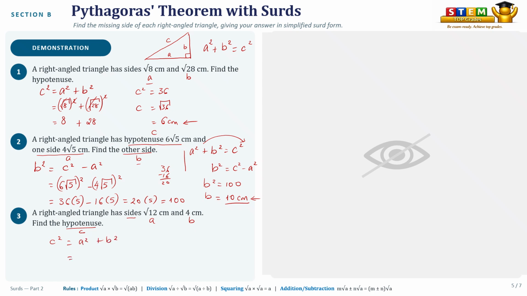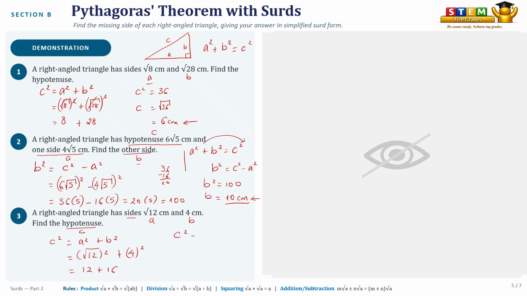And A squared, so we're going to be squaring root 12, and then we're going to be squaring 4. So that's going to be 12 plus 16.